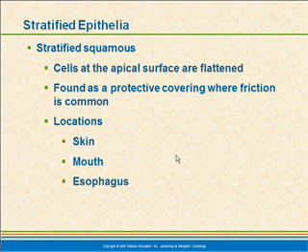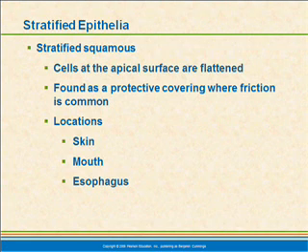But this is found as a protective covering in areas where there's lots of friction. Locations include the mouth, the skin, the esophagus, the anus, the vagina. These are areas that are exposed to frictional forces, and so we have this upper layer of cells that is dead and can slough off.